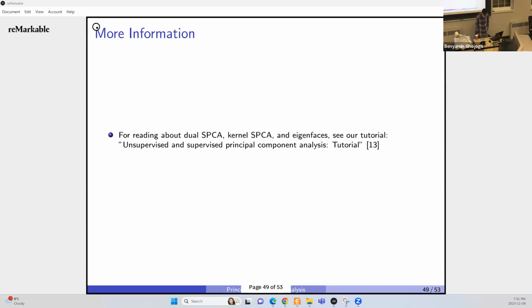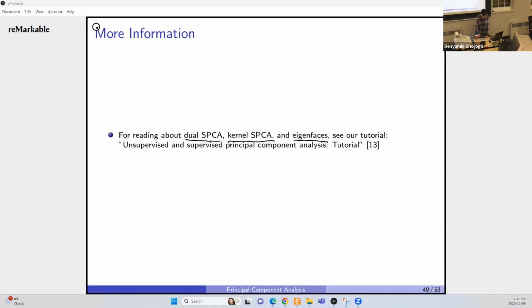For more reading about dual, by the way, do you remember we talked about dual PCA? Kernel PCA, do you remember? We also have dual supervised PCA. We have kernel supervised PCA, right? We can also talk about eigenfaces. I will tell you briefly.